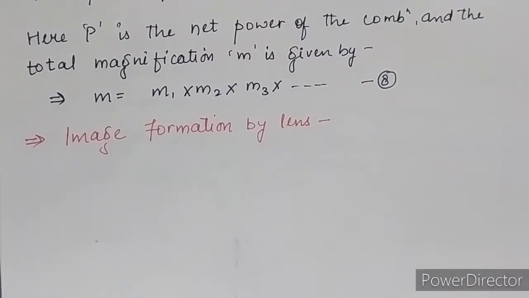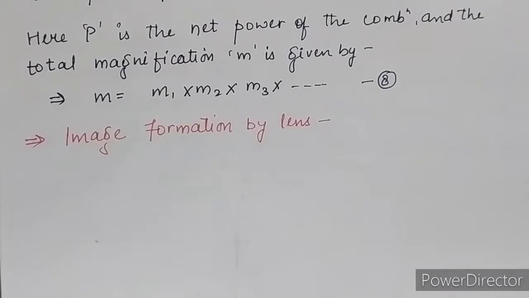as in the image formation by the mirror, for the mirror we have studied the 4 rules: if the light rays are coming parallel, then they pass through the focus, and if the light rays are coming from the focus, then they go parallel.